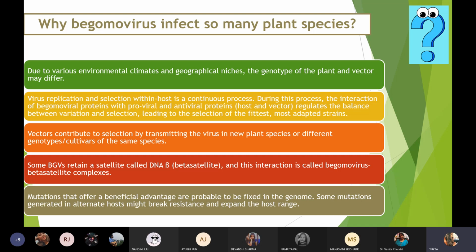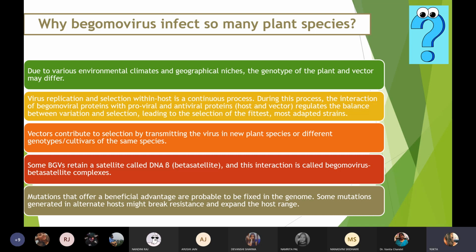Some begomoviruses retain a satellite DNA called beta satellite, and this interaction is known as begomovirus beta satellite complexes. So these beta satellites depend on the helper virus for replication and spread within and between the hosts. The selection pressure enforced on a virus genome by a given environment can also alter the viral population.